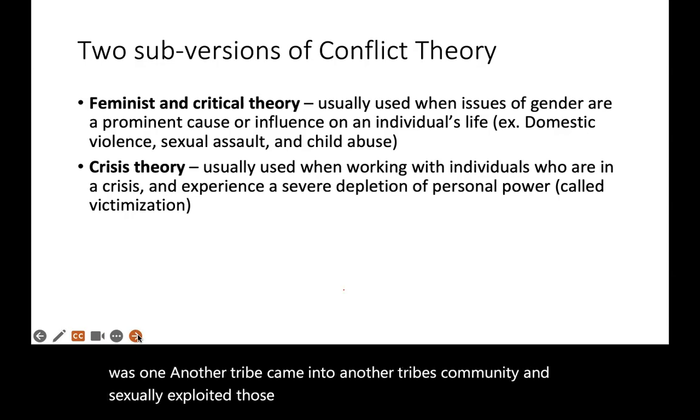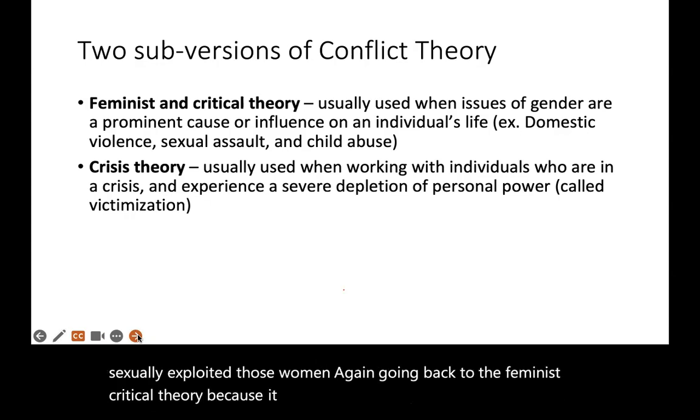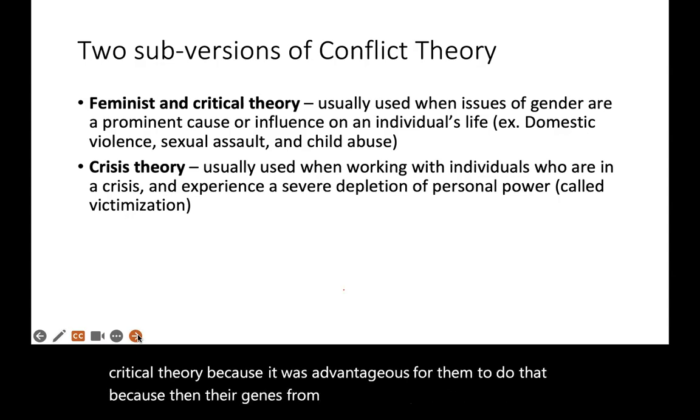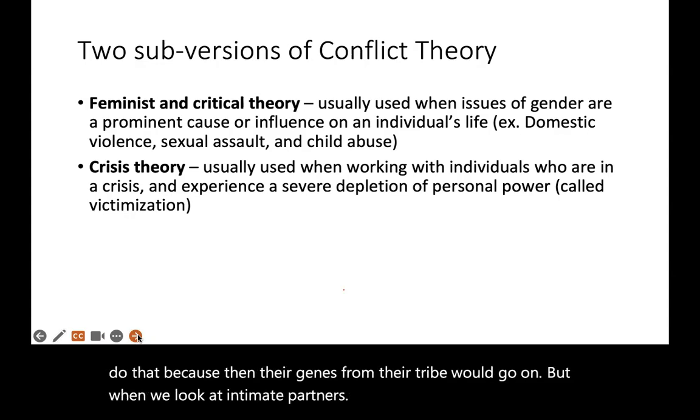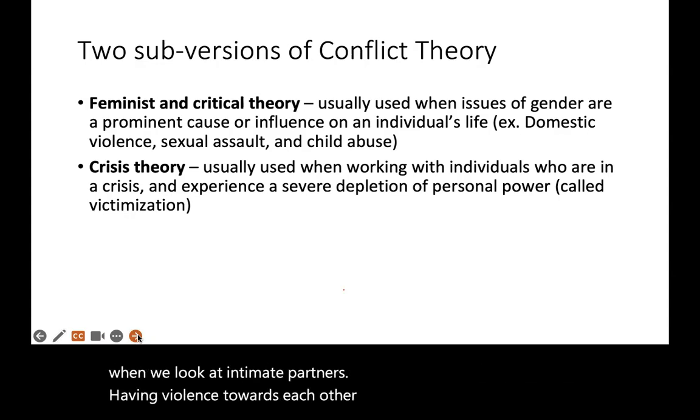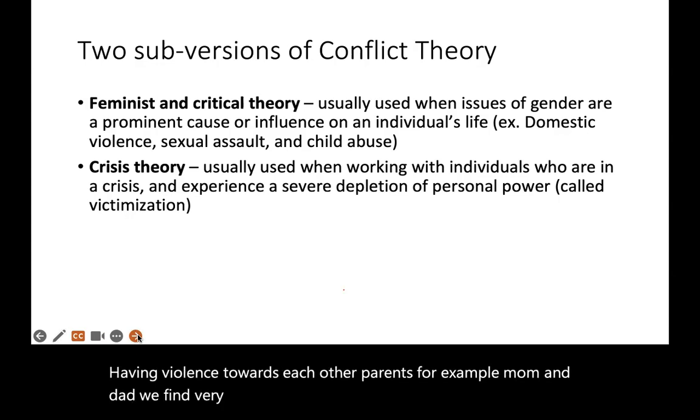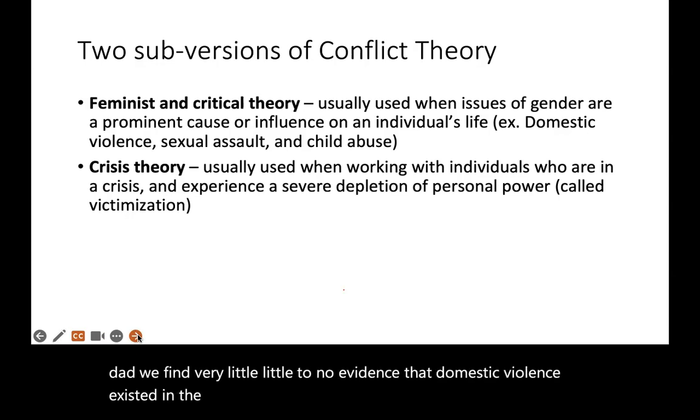Again, going back to the feminist critical theory, because it was advantageous for them to do that because then their genes from their tribe would go on. But when we look at intimate partners having violence towards each other, parents, for example, mom and dad, we find very, very little to no evidence that domestic violence existed in the Americas pre-colonialization, okay?